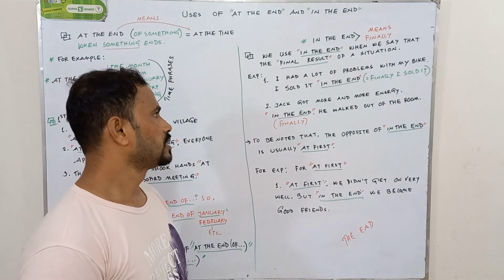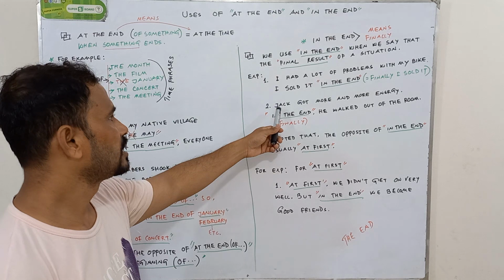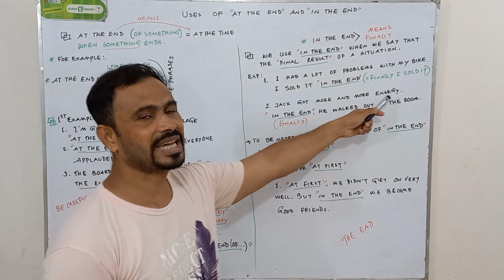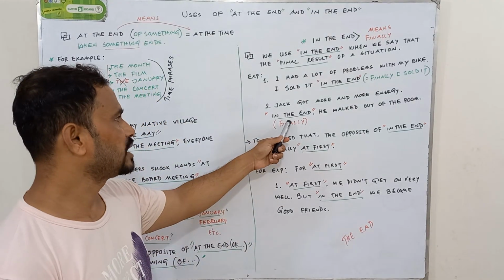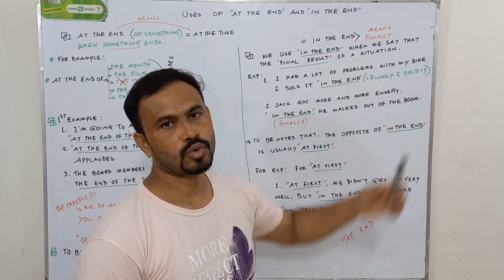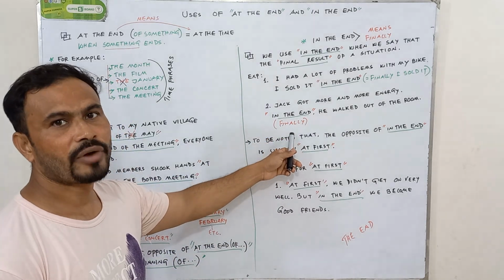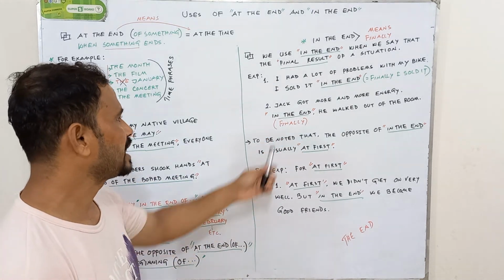Okay? So, let's talk about the second sentence, which is Jack got more and more energy. In the end, he walked out of the room. In the end here means finally.